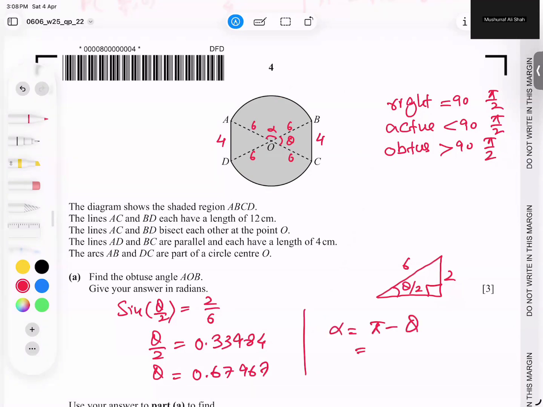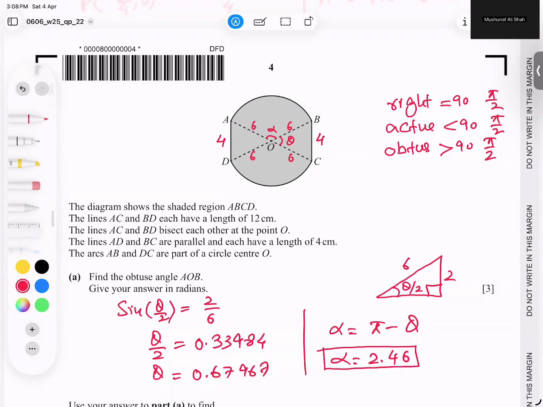When I subtract pi minus that, I'm getting 2.4619. But after rounding, because we always have to give 3 SF, what is 3 SF? I don't want the extra digits, so I will not add, and the answer is 2.46. This is my answer. I think it's clear.